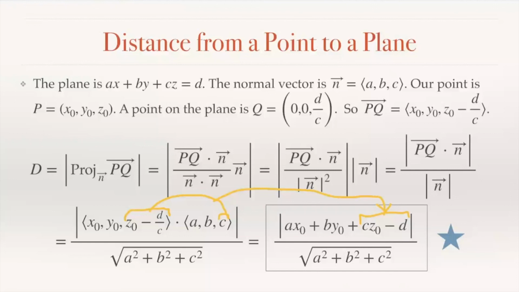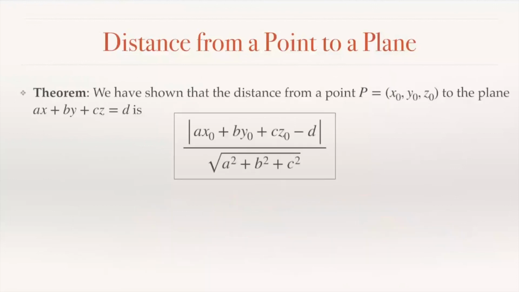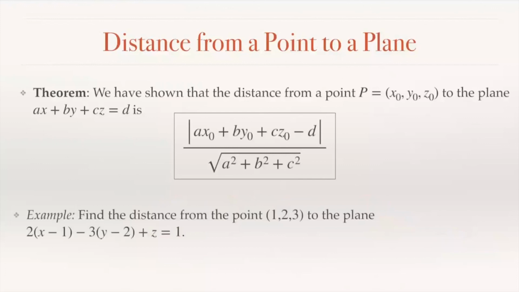Okay, so applying this is really just a matter of plugging in, but maybe we should do that anyway, just to be clear. So let's find the distance from the point 1, 2, 3 to this plane. So that's our x naught, y naught, z naught.